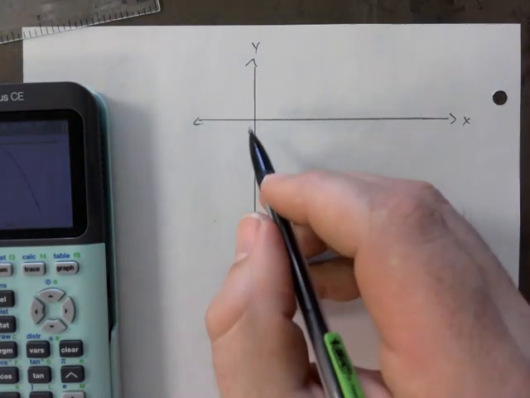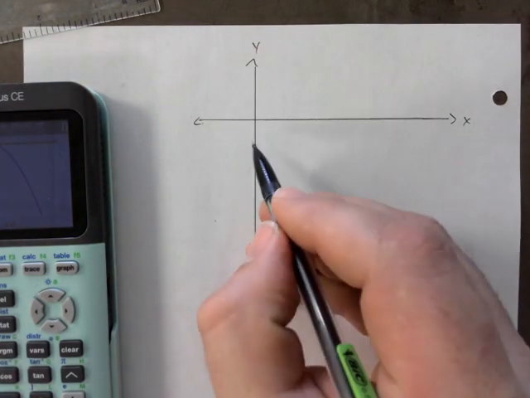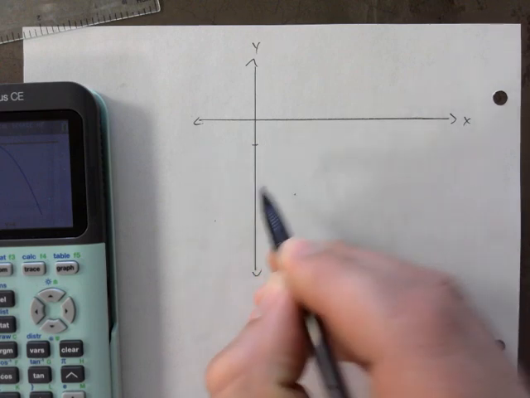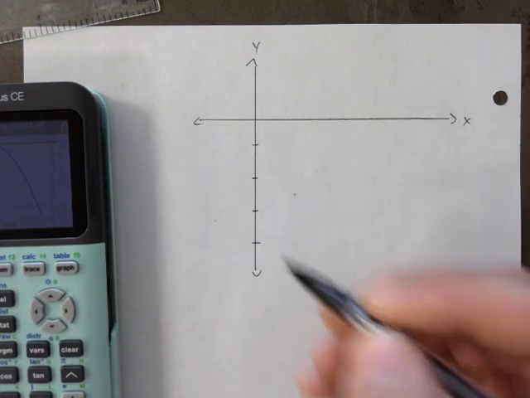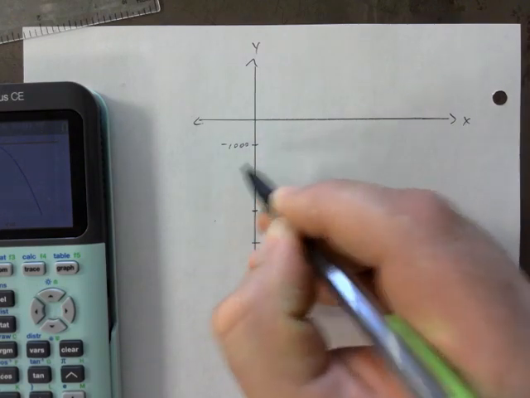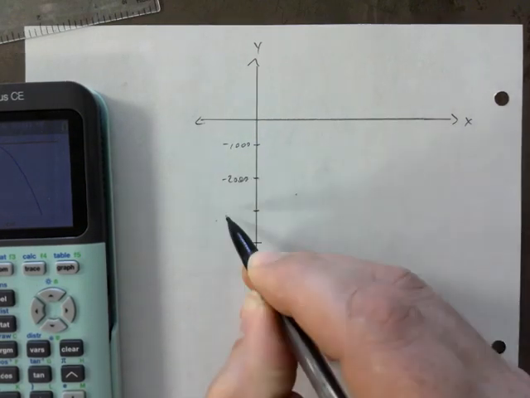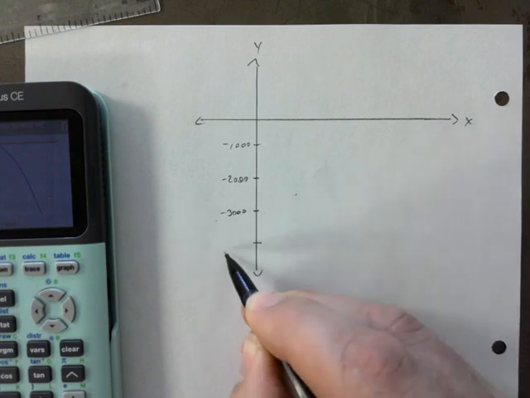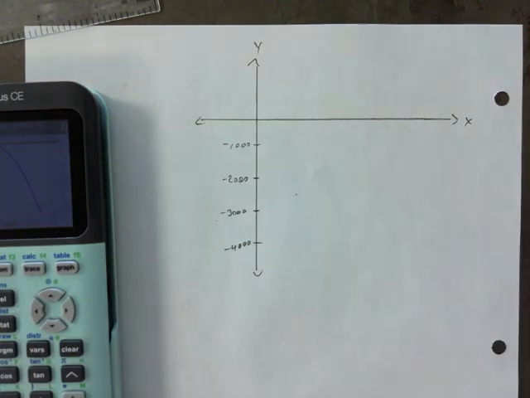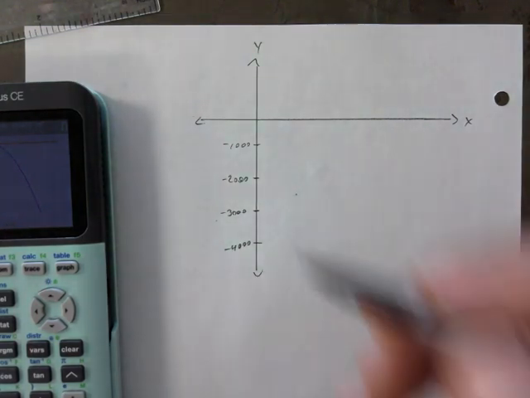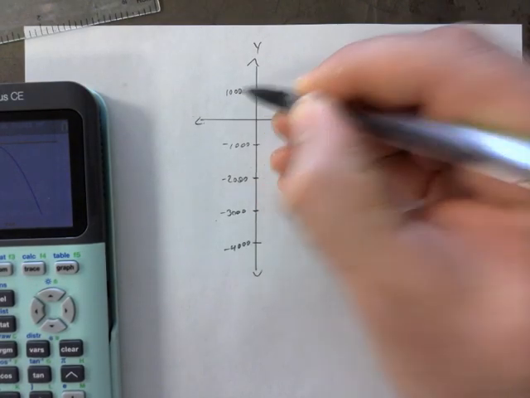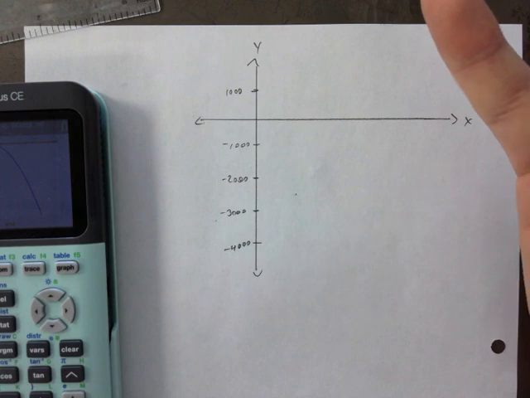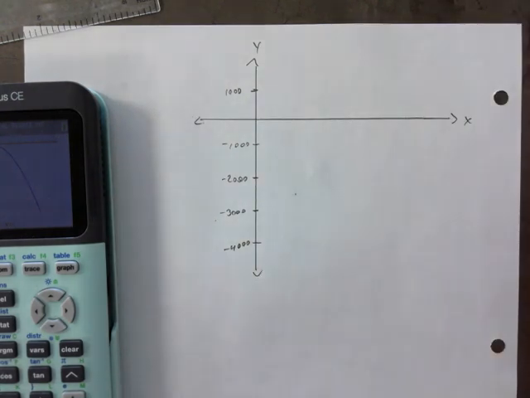And I need to fit 4,000 in here. So I'm going to go 1, 2, 3, 4, like that. Negative 1,000, negative 2,000, right? It doesn't matter what the numbers are, you adjust accordingly. Which means that here, it needs to be 1,000. You can't deviate from it, right? You can't change it here.